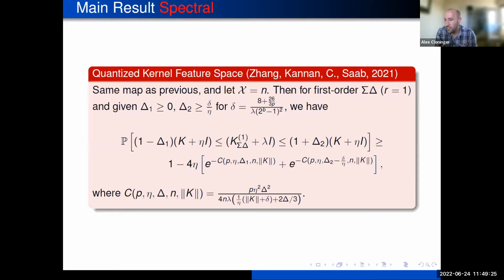If I have an n by n matrix where I have my true kernel matrix, K, and my quantized kernel matrix, and I wanted to do, say, regularized ridge regression or kernel ridge regression, what we can say is that spectrally, this matrix is upper and lower bounded by some constants times the original matrix, which means that I have not changed any of the eigenvalues or eigenvectors too much. So it's not just a pointwise bound, it's an entire spectral bound.